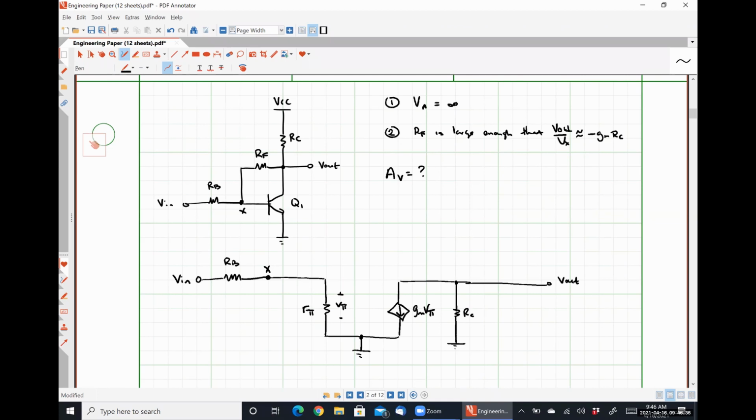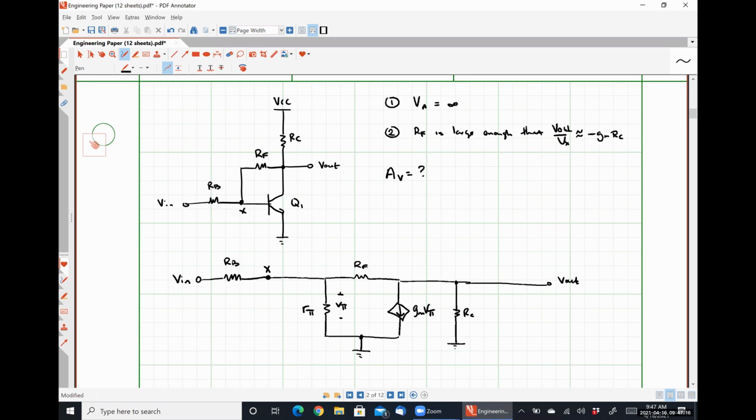Now, as it's drawn right now, our resistor RF is between our base node, which is at X, and our collector node, which is at our output, meaning that we have some resistance here, RF. And it should be fairly obvious just looking at this thing that finding a relationship for our output voltage is going to be made much more difficult by the presence of this feedback resistor, right?